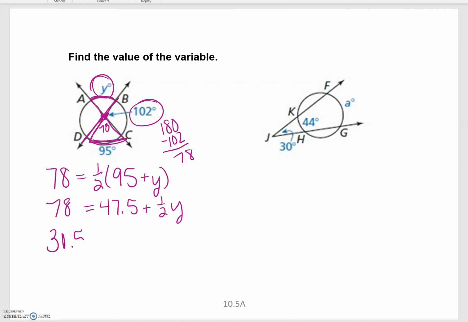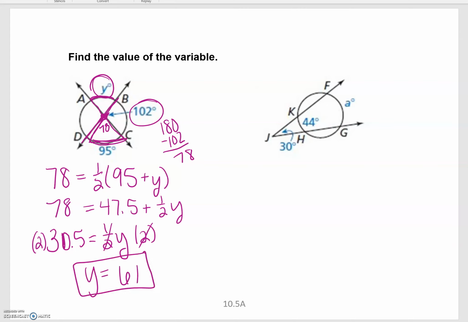So we get 30.5 equals 1/2 y. And then here I'm going to multiply by 2 at this point to get rid of my 1/2. So I get y equals 61. Okay, and if you multiplied by 2 at the beginning, you should end up with the same answer at the end, 61.